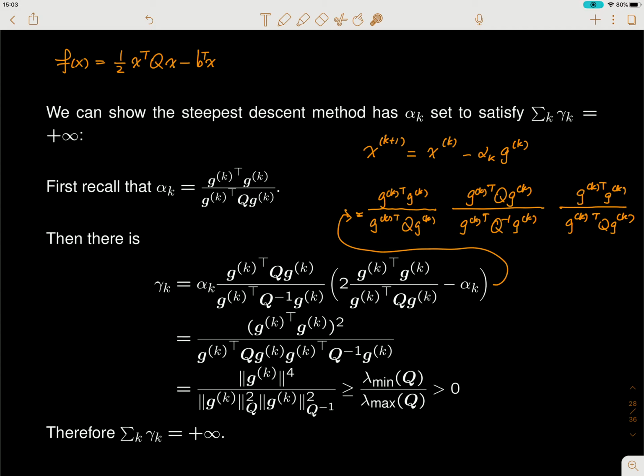So this is a fixed positive constant independent of k. If every gamma k is bounded below by this positive number, then the sum of gamma k will be infinity just like before, and that means this algorithm is convergent. Okay, so the gradient method with a constant step size alpha chosen in this open interval is guaranteed to converge for the quadratic function.